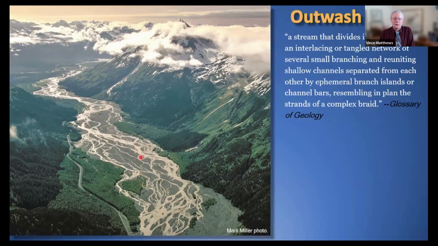So this is a view of an outwash plain in Alaska, and you can see this braided stream. Here's a definition up here if you want to read that while I'm talking. And the main thing is that you have these bars of gravel, cobbles, sometimes even small boulders.